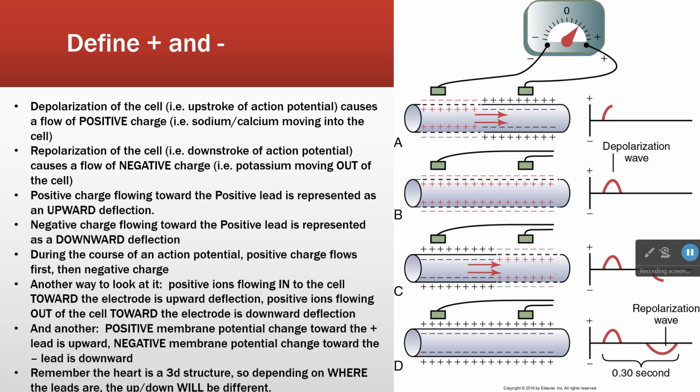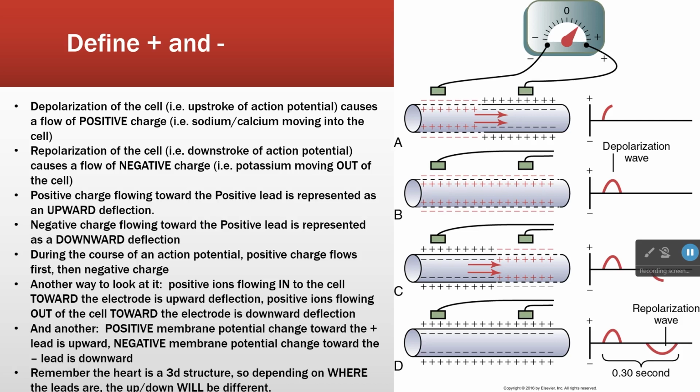And number two, we get continuous depolarization of the membrane. We have our meter oriented so the negative is down here and the positive is over here. So we have positive charge moving towards the positive electrode, and we get an upward deflection. Positive moving towards positive gets you up in positive.